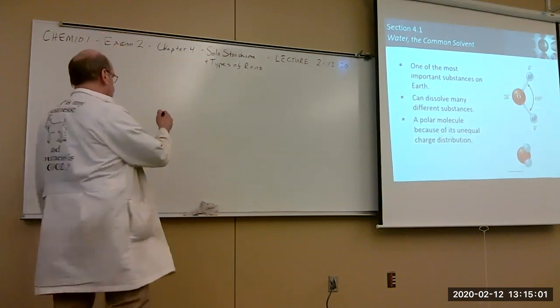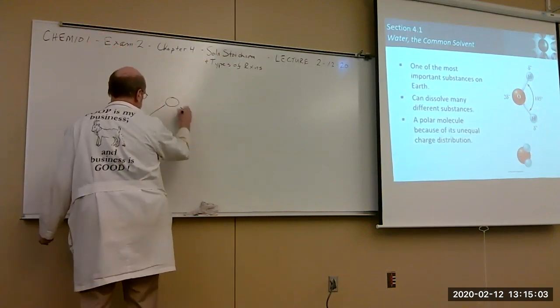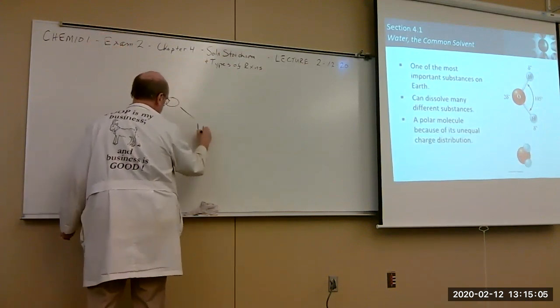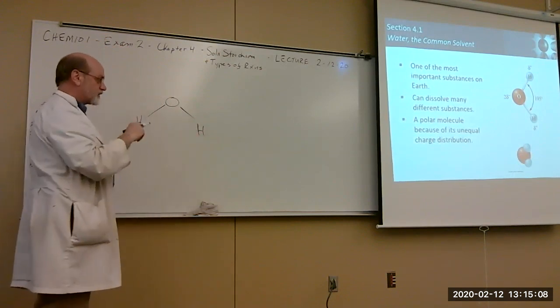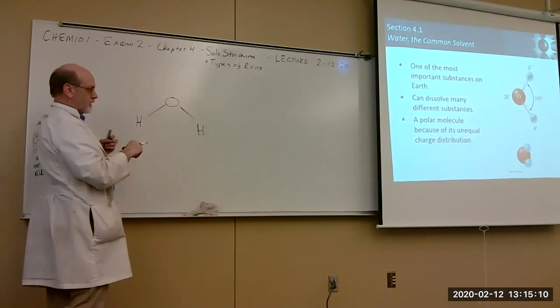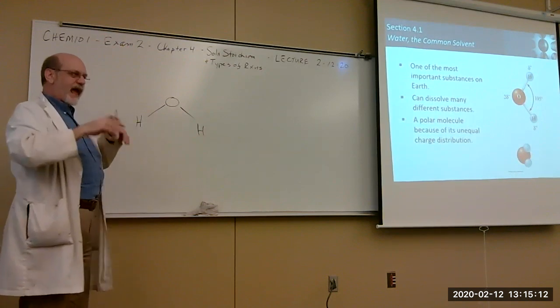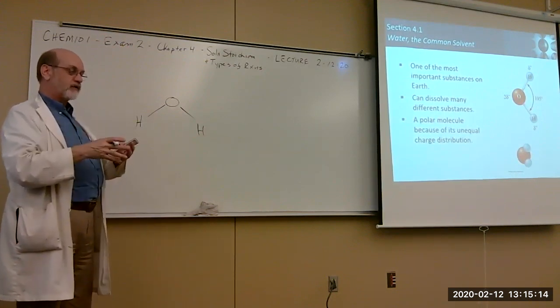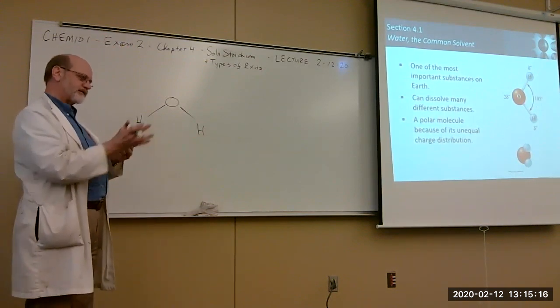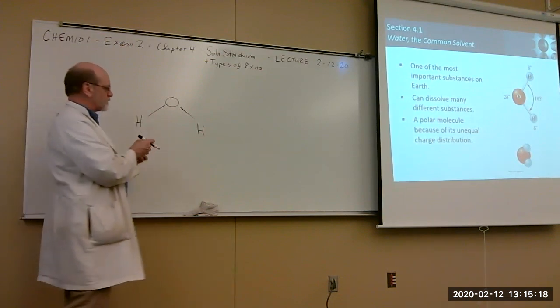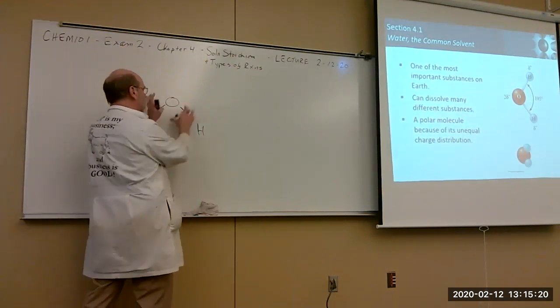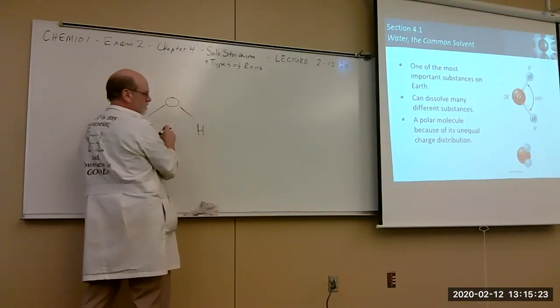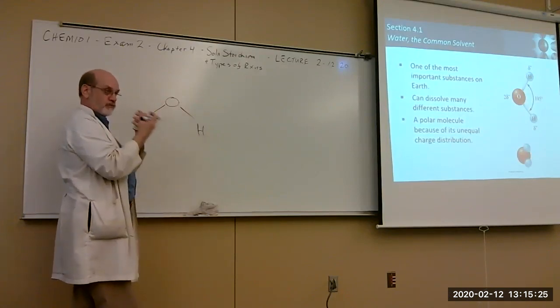And what that does is, we have this concept called dipole. It's not an actual transfer of electrons, it's a shift in electron density. So the electrons spend more of their time around the oxygen because it has a stronger pull.